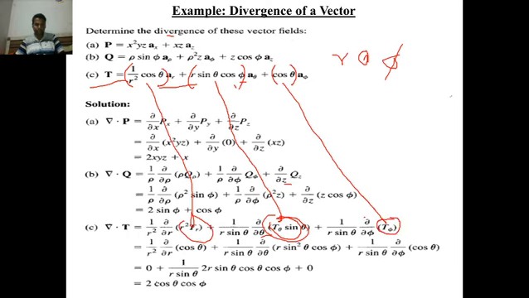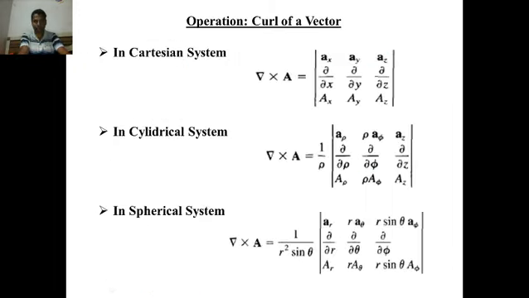Once you take the derivatives, you will get this answer. So it is very simple to calculate the divergence of a vector. What you need is to first carefully observe in which coordinate system the vector is given, and if it is Cartesian, then use the formula of the Cartesian system for calculating the divergence. If it is in a spherical system, use the spherical formula.